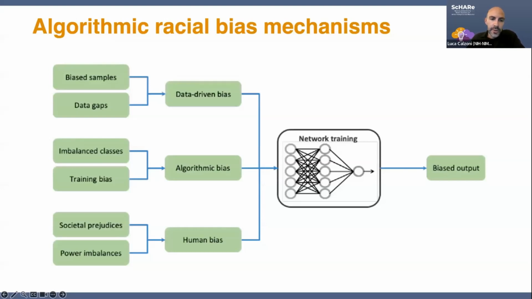And then, of course, you have human bias from societal prejudices and power imbalances. When the training is done, data-driven bias, algorithmic bias, and human bias can be combined and result in the biased output that we discussed. Next, please.